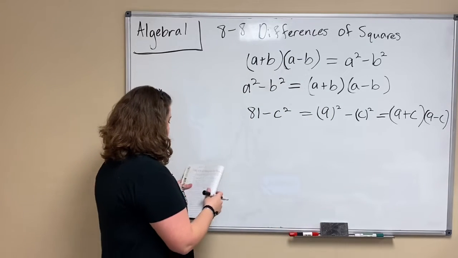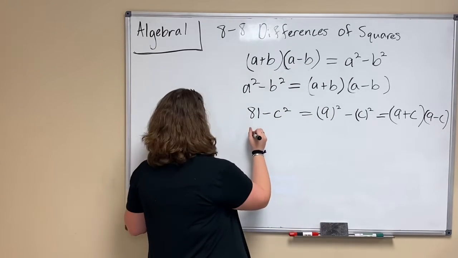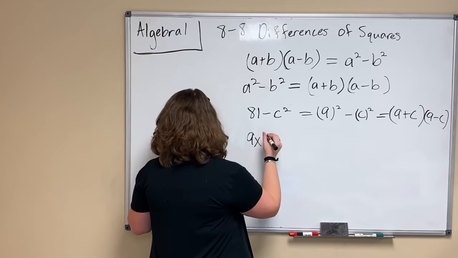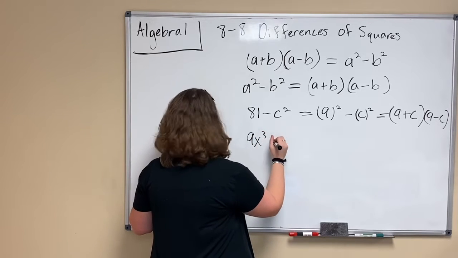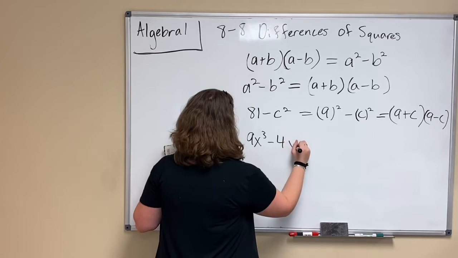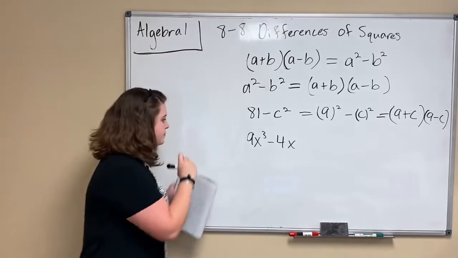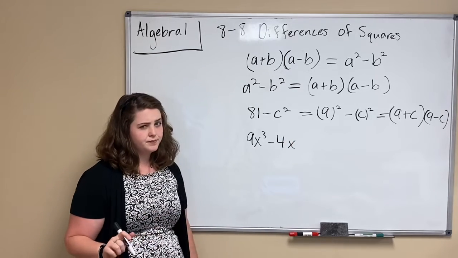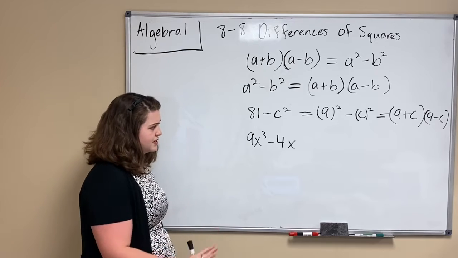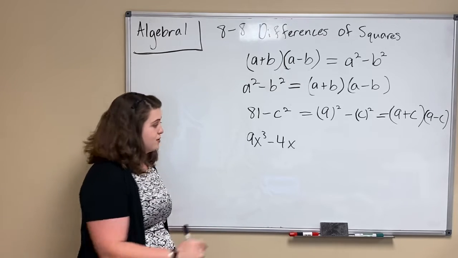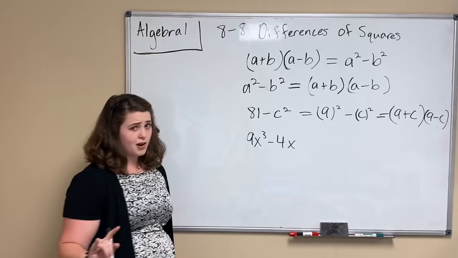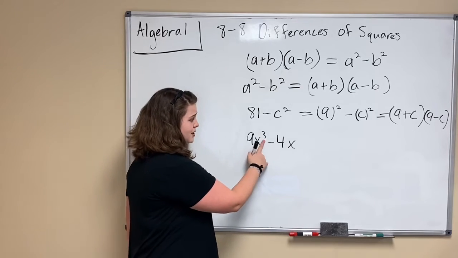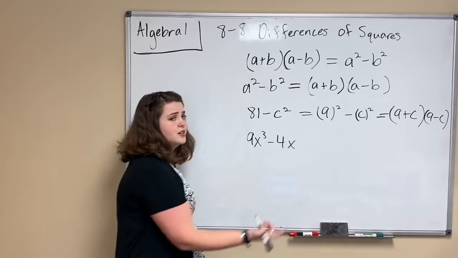Let's look at another one, a little bit more complex. 9x cubed minus 4x. Okay, now when I'm looking at this, neither of these are perfect squares to start out with because I have x cubed and I have x to the first.